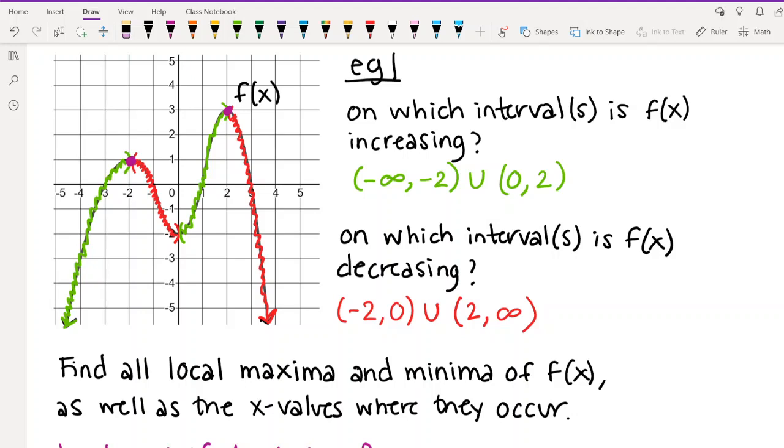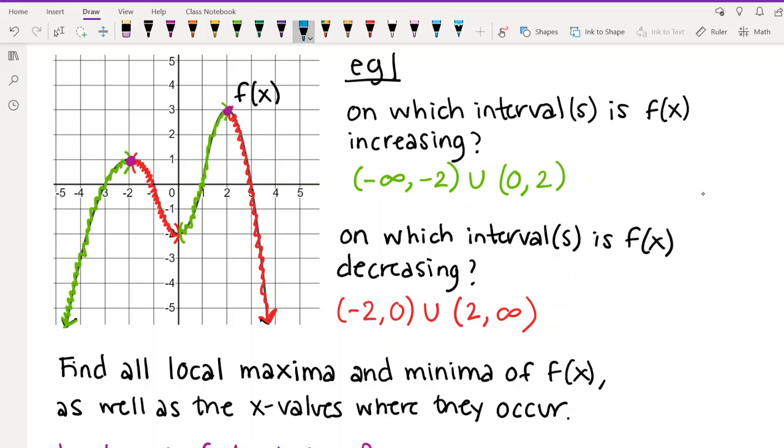All that matters is that it looks like a peak or a valley in the graph. So it is possible for something to be both a local maximum or minimum and an absolute maximum or minimum. They're not mutually exclusive categories. So they just kind of are referring to different things. Local max or min is just referring to the shape of the graph, whereas absolute max or min is referring to the overall highest or lowest point. So there is some overlap.